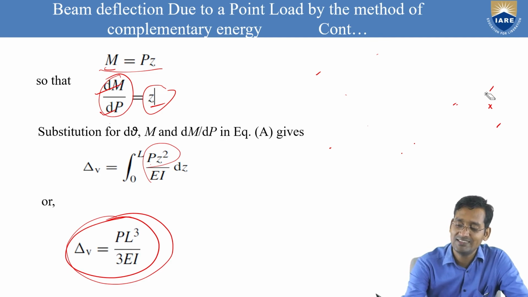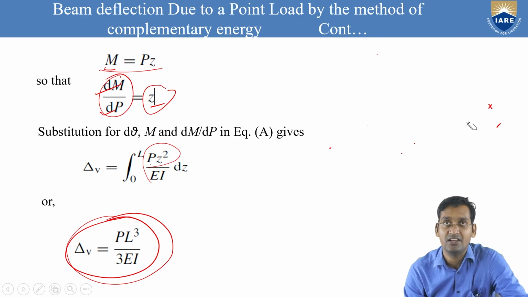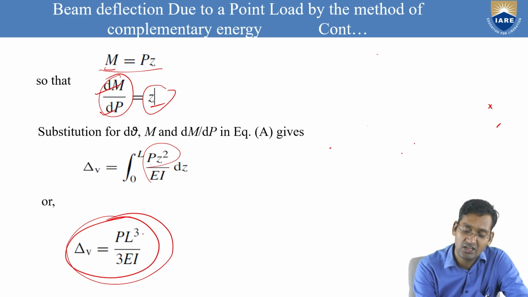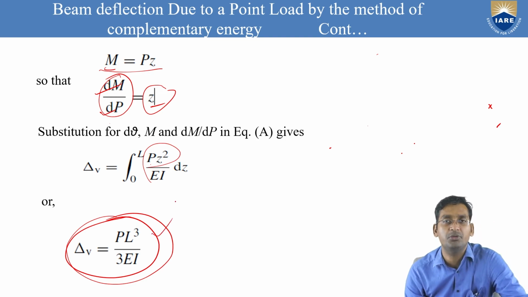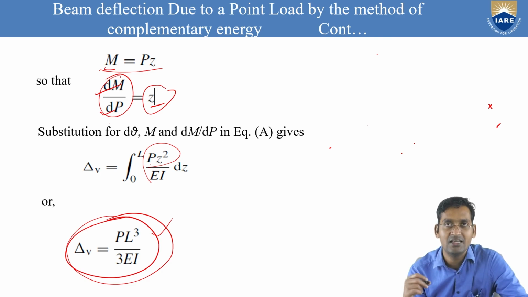This is the deflection due to point load using the complementary energy principle. We have already seen this formula in aerospace structures without using the complementary energy principle, where it's easier to find.